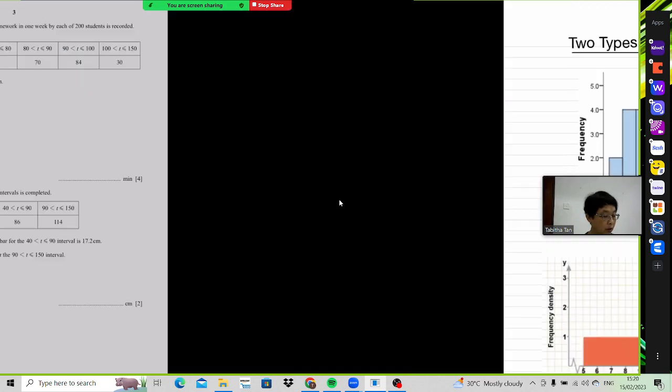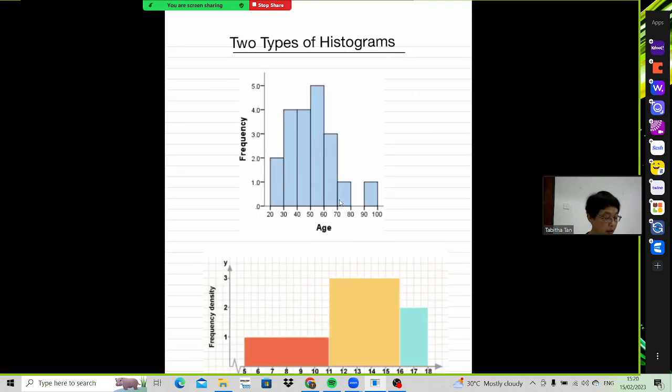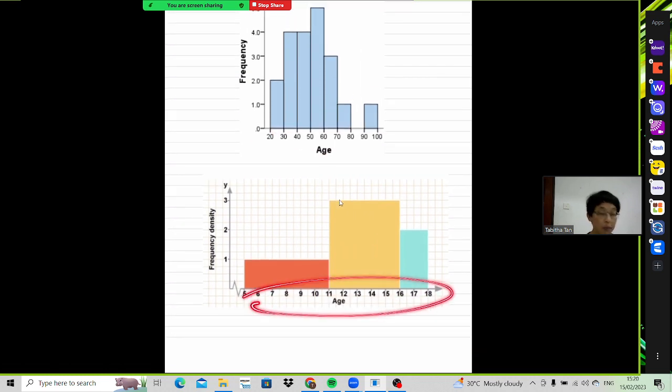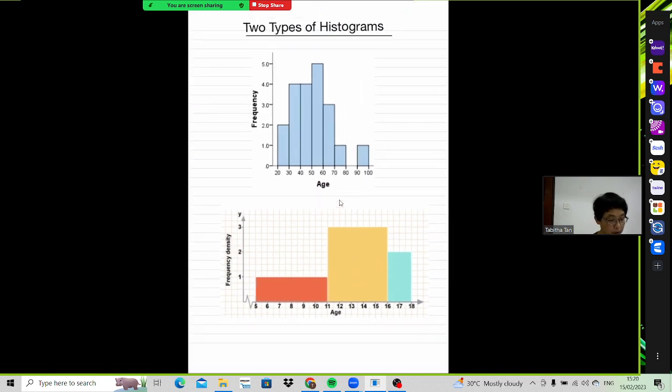Let's see the difference. The first histogram, the vertical axis is showing frequency, meaning how many people within this age group, for example, how many people in the age between 50 to 60, and that is frequency.